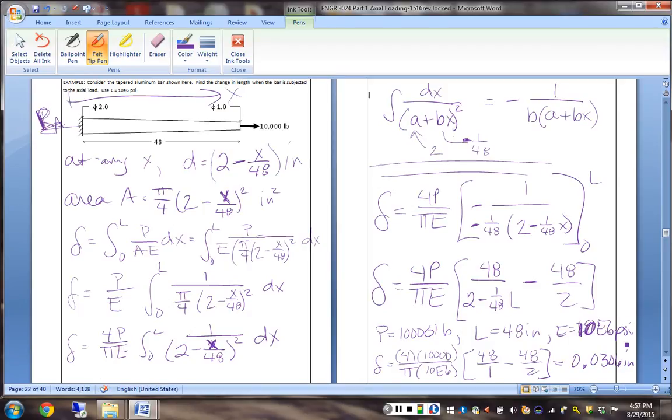So that's the exact answer from doing the integral, sort of brute force.